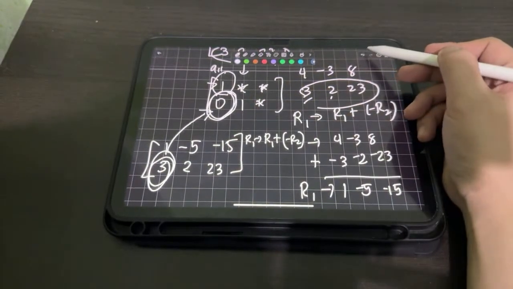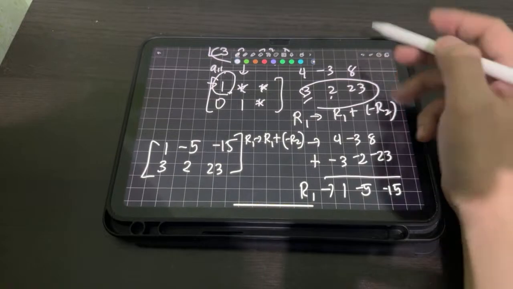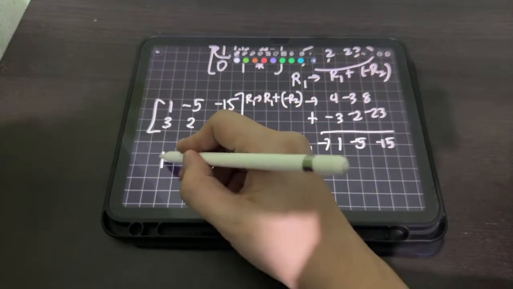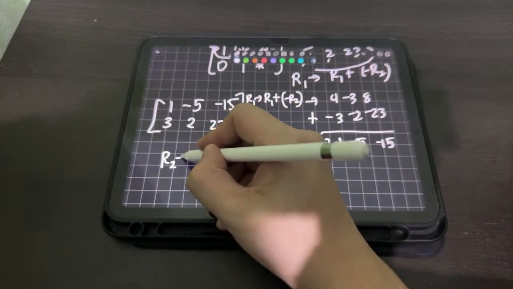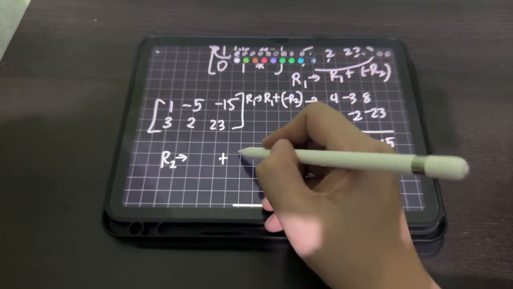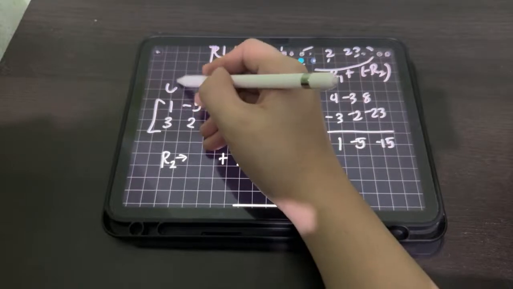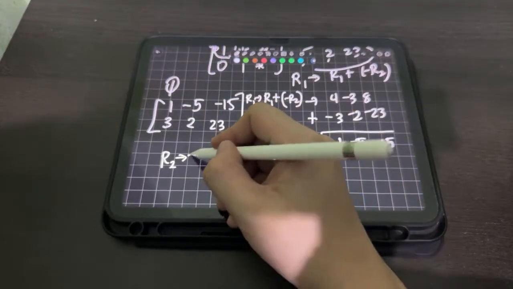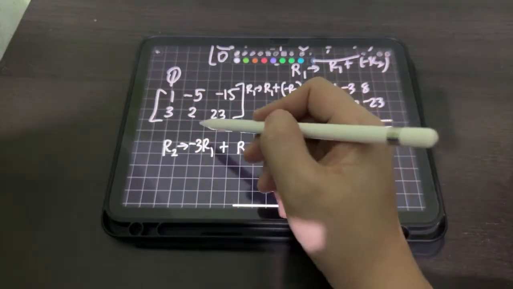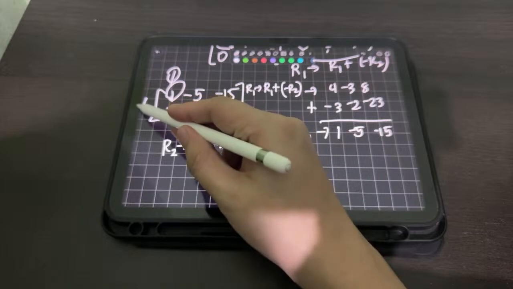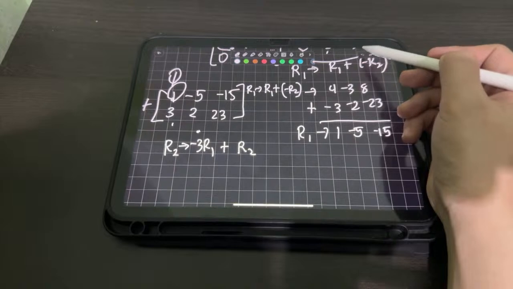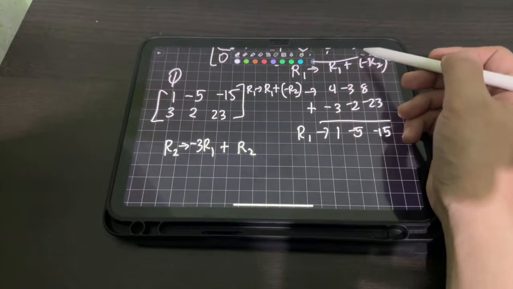Again, applying the third elementary row operation, for the new form of row 2, we add to row 2 negative 3 times row 1. So that when we add negative 3 plus 3, this will be 0, which is the goal.